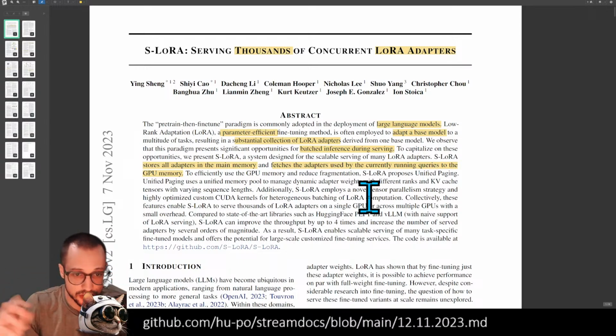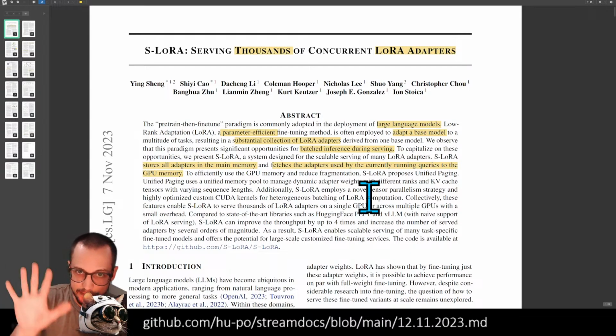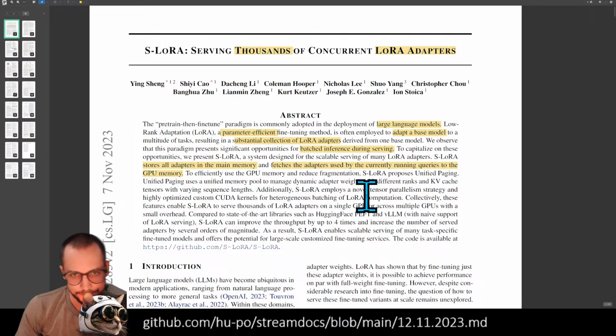It's going to be next to your CPU, and it's called the RAM, the random access memory, right? And that is going to be much bigger, right? Generally, with your main memory, you can have 128 gigabytes easy, but 128 gigabytes in your GPU, that's a pretty expensive GPU. So the main memory is going to be slower, but it's going to be much bigger than the GPU memory. So to efficiently use the GPU memory and reduce fragmentation, S-LoRA proposes unified paging.